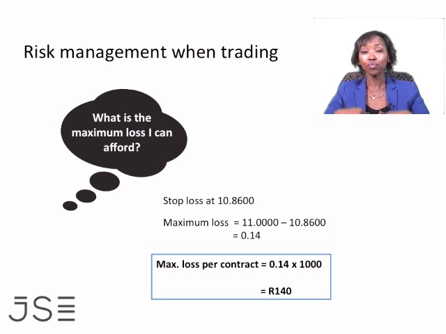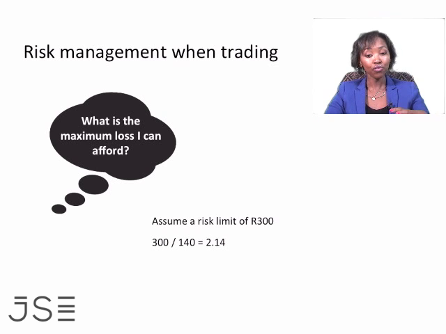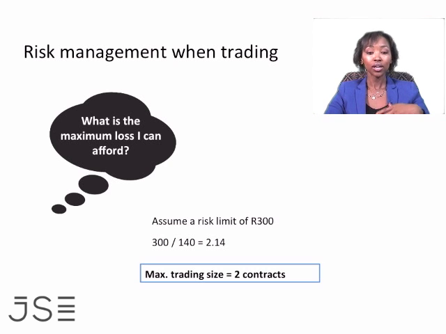So if you say from your capital to speculate or trade, you don't want to lose more than 300 rands in total, what impact does that have? It means if you take 300 divided by that 140, it gives you 2.14, which means that your maximum trading size then becomes 2 contracts.